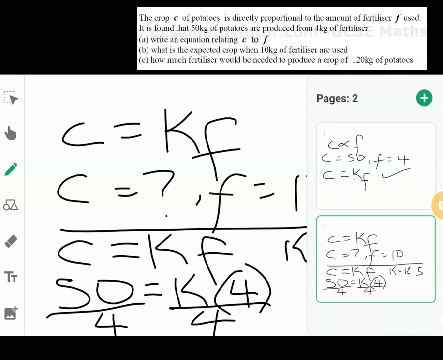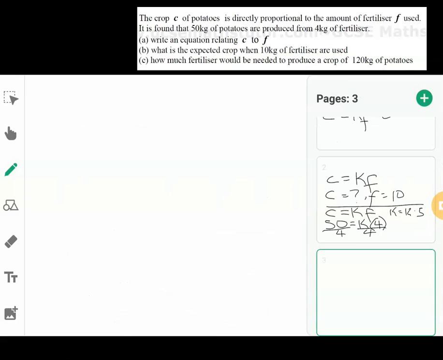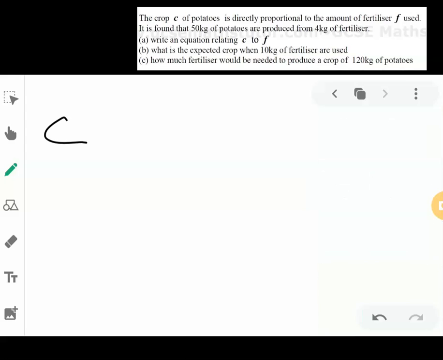Now that we've found K, we can go ahead and find what they asked for, which is the crop when fertilizer is 10. So again, we write our general equation and then substitute what we do have. We're trying to find C, right?